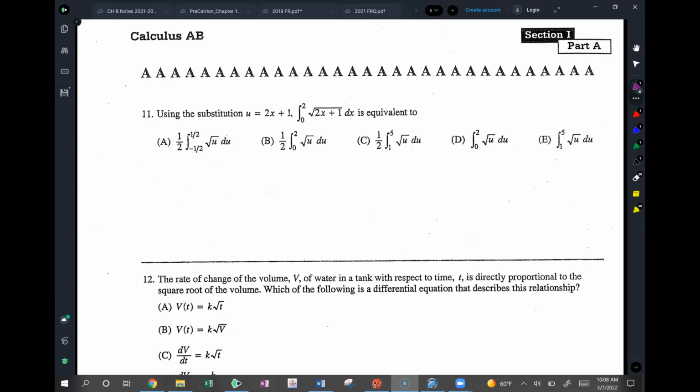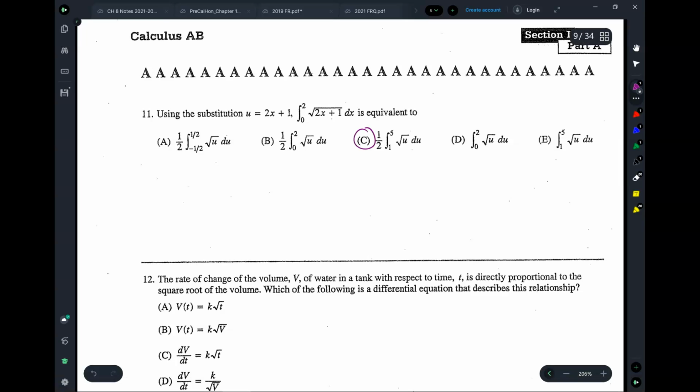So it's either C or E. And why would it be one over the other? Du, right? Exactly. When you do du, then it's a 1/2. You're gonna get an additional 1/2, right?